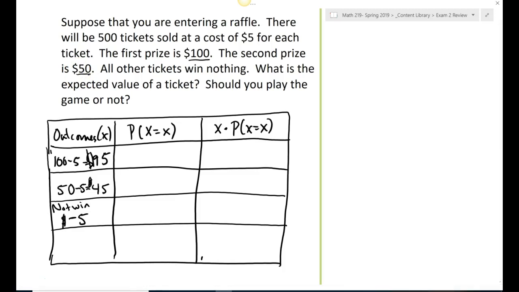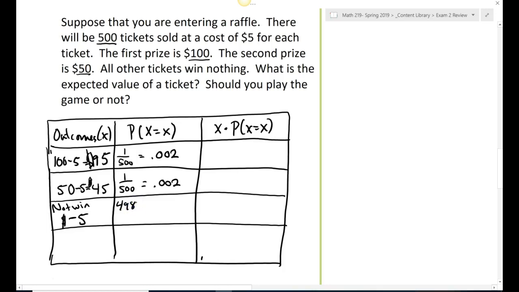Now, what about their probabilities? There are 500 tickets sold, and only one first prize and one second prize, and then everything else loses. So we have 1 out of 500, which is 0.002. For the second prize, it's also 1 out of 500, so that's 0.002. And then not win, well, it's the other 498 of them. Can you see how I got that?